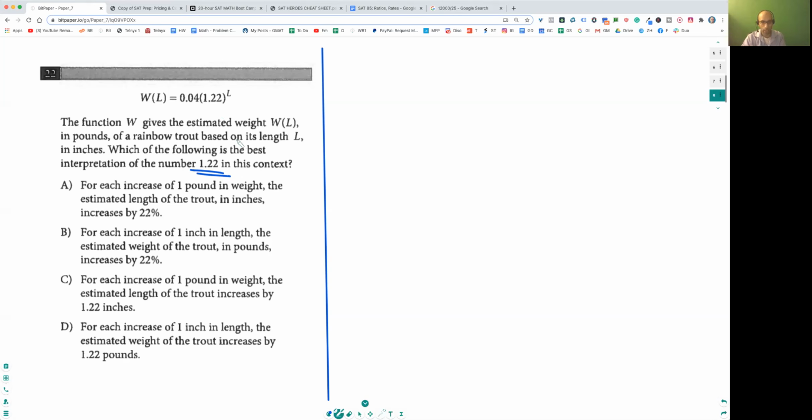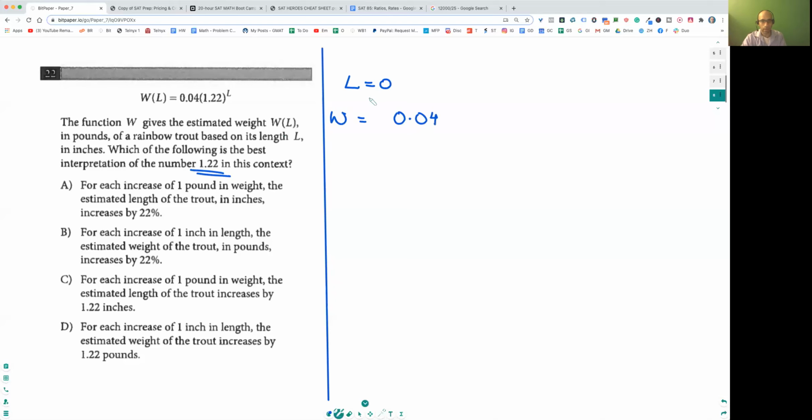Now, how do you exactly solve this? For every one increase in length, let's say the length is 0. Always take the length to be 0, guys. Now what do you get? The weight is 0.04.